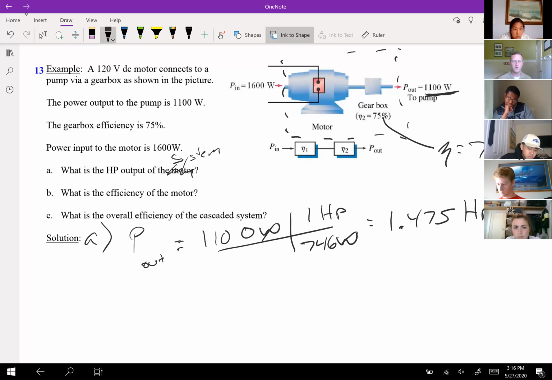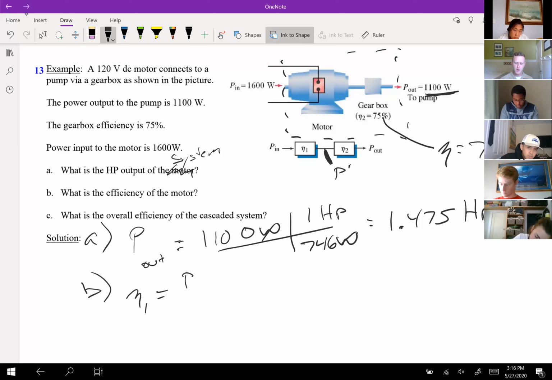So that's what's actually usable for this motor. Or think of an elevator, it uses electric power and it's going to turn something. That's what the usable horsepower of it is. So the efficiency of the motor now, there's this in-between spot between eta 1 and eta 2, between the motor and the gearbox. And so if I'm solving for eta 1, there's this P in the middle that we could call P prime.